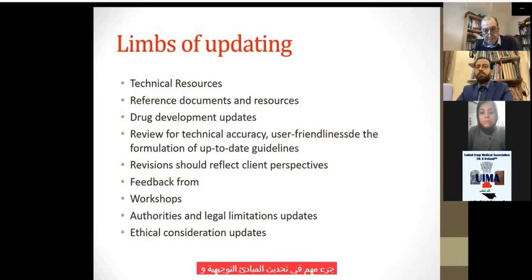Their opinions are an important part in the updating of the guidelines, and a feedback form for the patients, clients, and for the healthcare providers is important in the revision of guideline updating. Also, a new light of guideline updating.